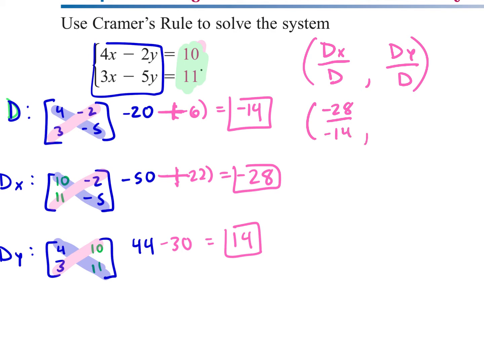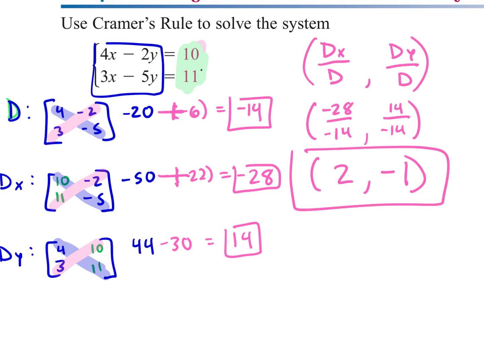And then d sub y is 14 over -14. Then we simplify. So -28 divided by -14, 2. 14 divided by -14, -1. So that is our answer. To check our work, you could take x, which is 2, plug it into your x's, and you can take y, which is -1, plug it into your y's, and the solutions will make sense.